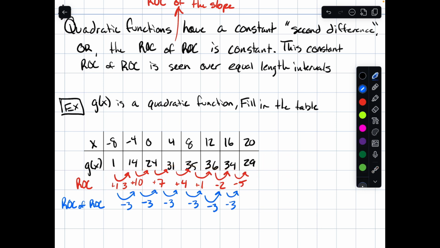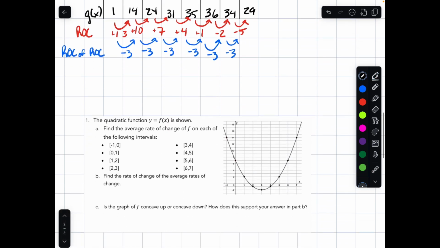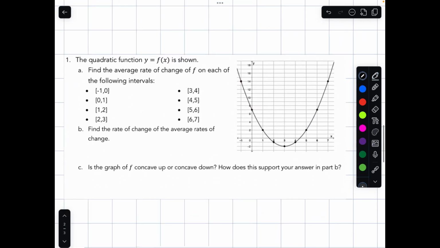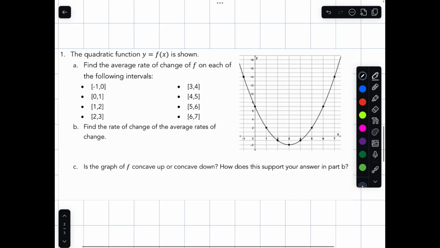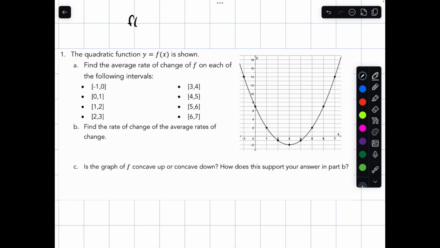We're going to do a very similar thing in this next question, where I basically find the average rate of change of the intervals. I'm going to do one of them all the way out just to show you that we could do this in a faster way. So I want to find the average rate of change over this interval.